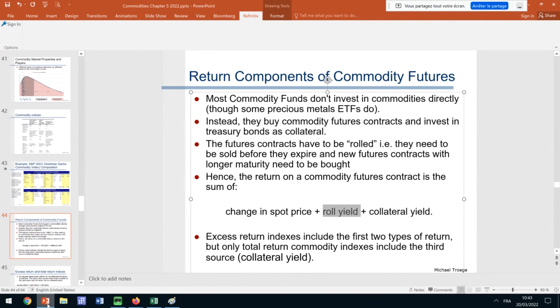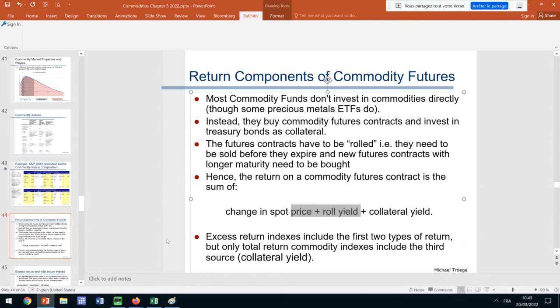fund. So if we sum up, the collateral yield will normally be positive. The change in the spot price, sometimes goes up, sometimes goes down, and should be on average zero. But the roll yield, if you are in a market where the commodity is in contango, should be negative.